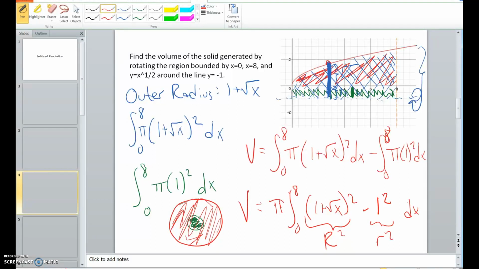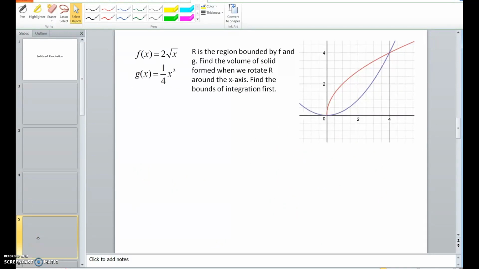And if you're going to subtract areas, you have to square the radii first before you subtract. So long story short, when you combine this into a single integral, it needs to be the big radius squared minus the small radius squared, not the quantity big radius minus small radius, squared, because of order of operations, everything I just said. So let's look at this example.